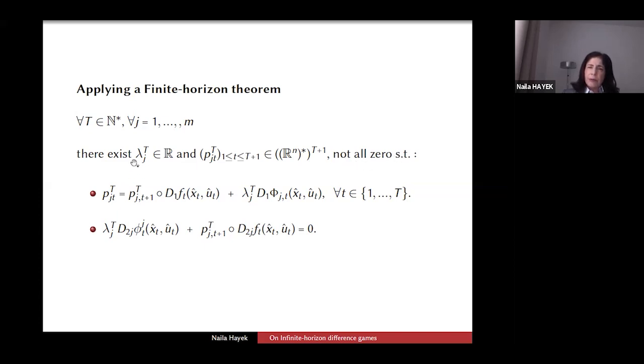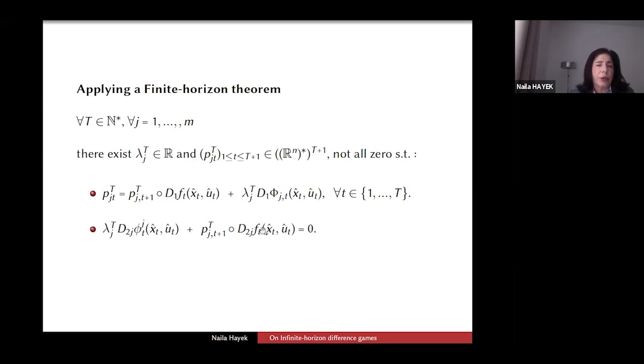I cannot have that lambda_j^T and the sequence p_j^T are simultaneously equal to 0, such that we have the adjoint equation. It is the adjoint equation in finite horizon. And we have the maximum principle in the weak form.